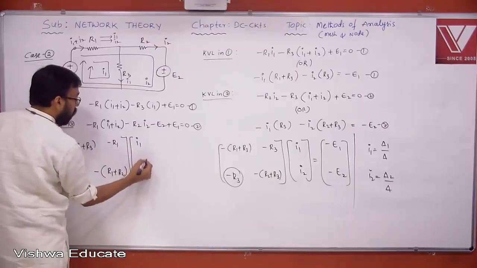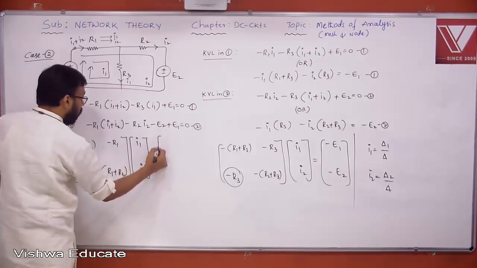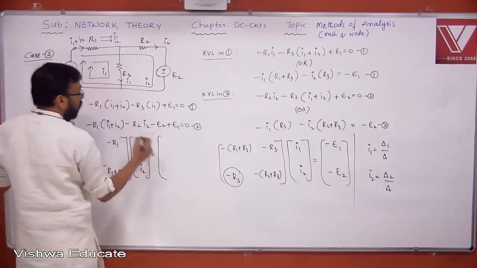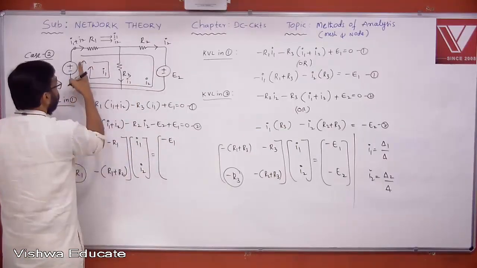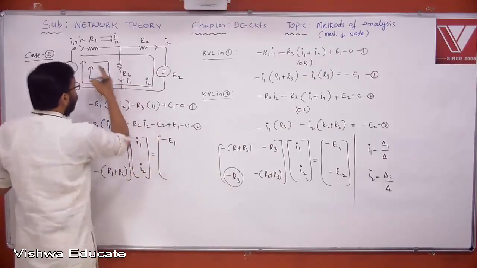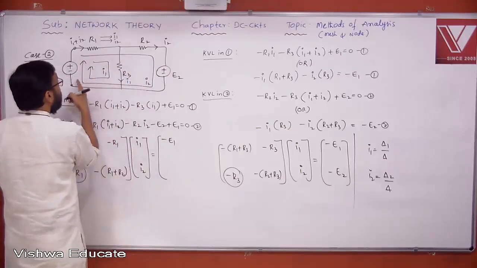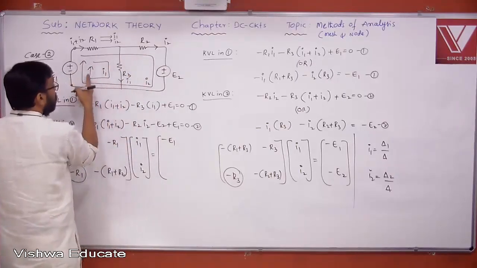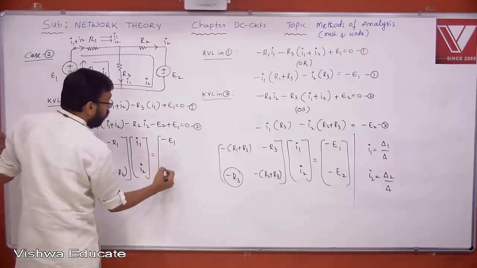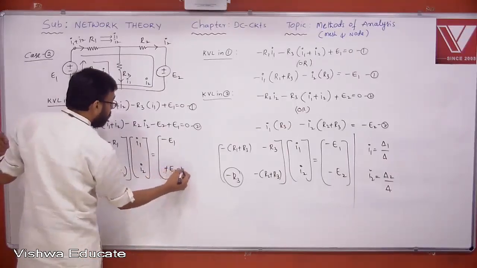I1, I2 is equal to: touching the negative sign first, minus E1. Then touching positive sign and then negative sign for I2. There are two voltage sources present in the second loop representation, and in the first loop you have only one source. Therefore plus E2 minus E1.